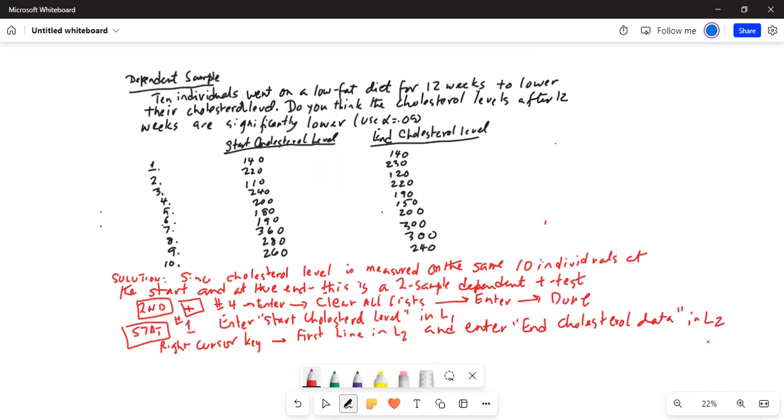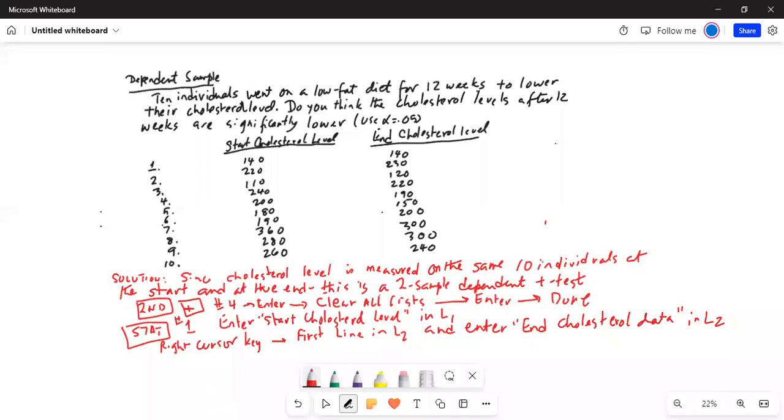So what are the numbers in L2? 140, then 230, then 120, then 220, then 190, then 150, then 200, then 300, then 300, and then 240.